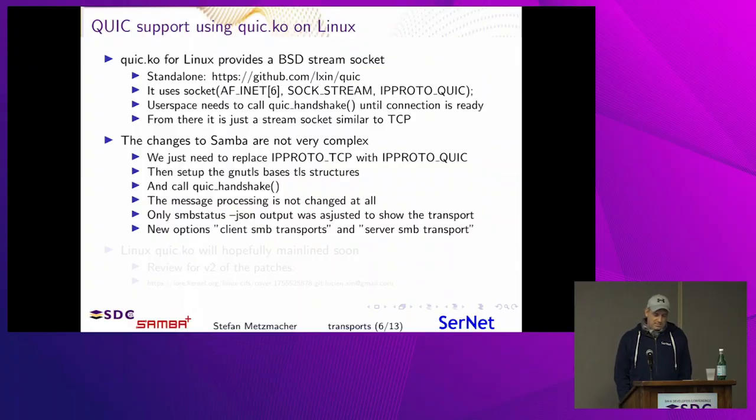The most complex thing was to pass the transport type through all the layers in Samba, and have configuration options for the transports. So just the magic around it and having smbstatus showing that it's a QUIC transport. That was the most complex code change.